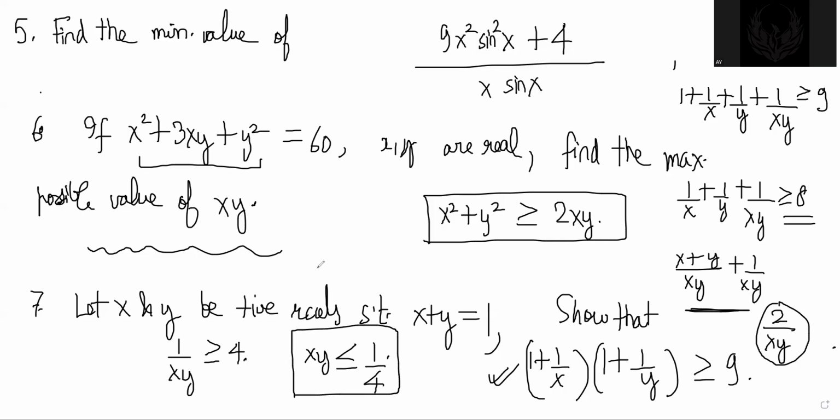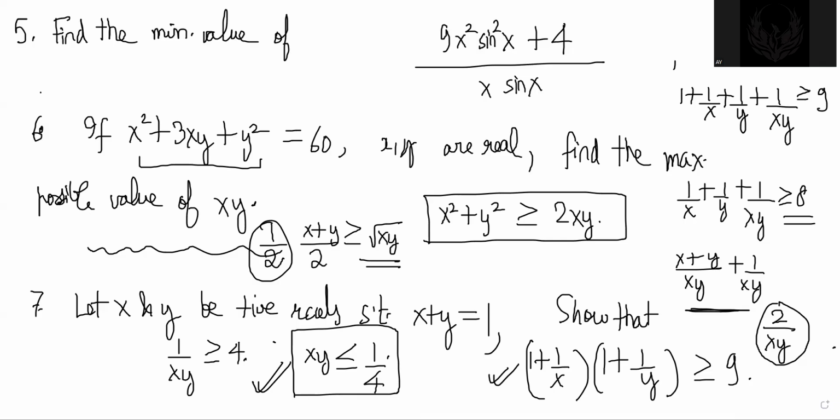From here we can say x plus y by 2 is greater than or equal to root xy, and we already know this is 1 by 2. So 1 by 2 is greater than or equal to root xy by AM-GM. So obviously xy is less than or equal to 1 by 4. Do you understand? You have to do it slowly, step by step, and figure it out.